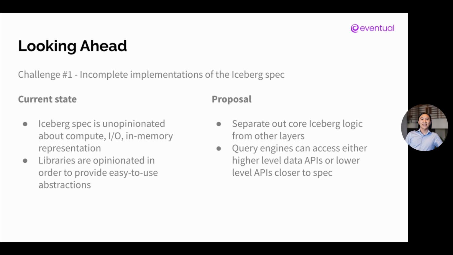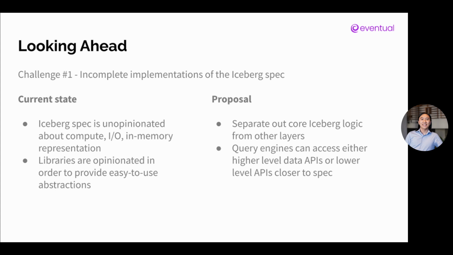The other challenge, challenge number 2, is that there were different levels of abstraction that were desired. Sorry about the wrong title here. The current state is that the Iceberg spec itself is unopinionated about how you do your compute, your I/O, and your in-memory representation, but the libraries themselves are, so that you can have some easy-to-use abstractions for these libraries.